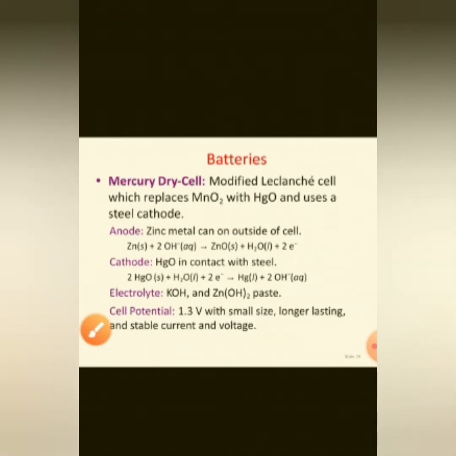The next example is the mercury dry cell. The mercury dry cell is another example of primary batteries, a modified Leclanché cell which replaces manganese dioxide with mercury oxide and uses a steel cathode. Here again the anodic and cathodic reactions can be represented by two half cell reactions.